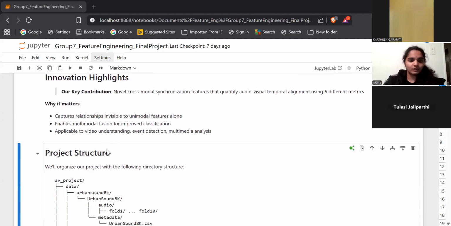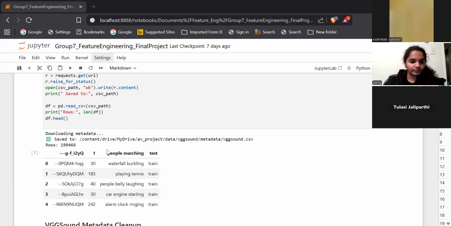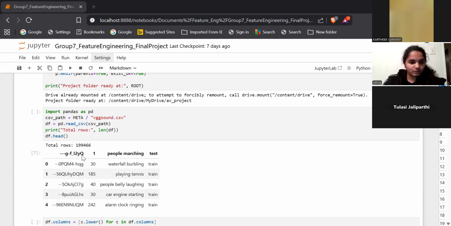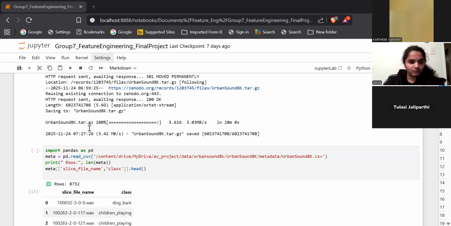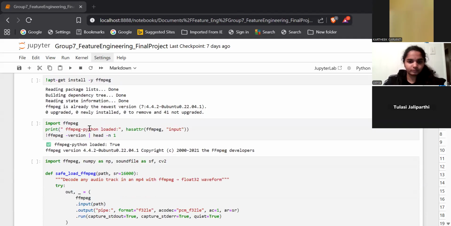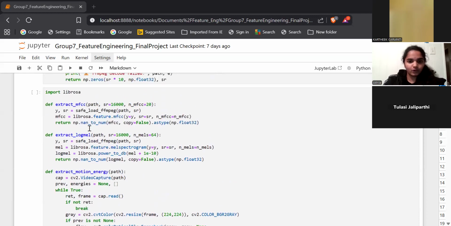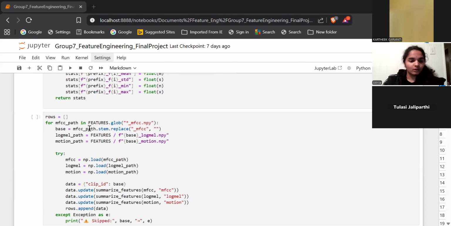And coming to the setup and data loading. So now let's walk through section 0 and section 1.